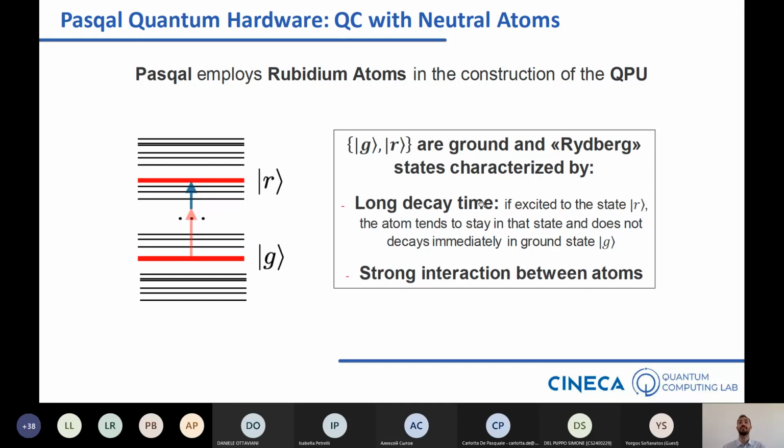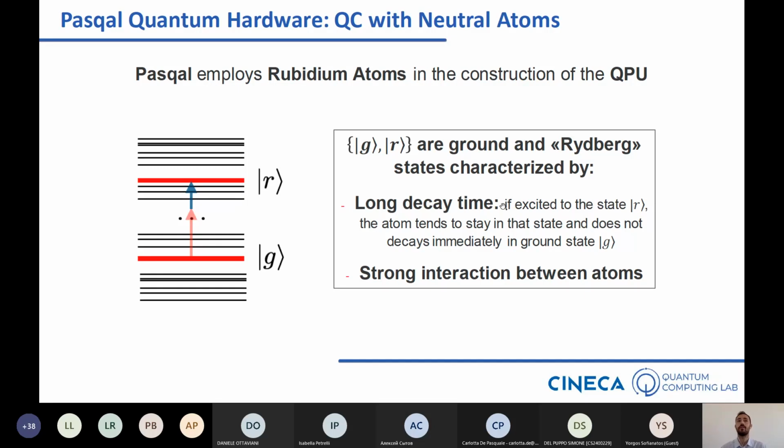Okay, so as I told you, G and R are called, so G is the ground state, R is the Rydberg state. And what are other properties of these two states inside the rubidium atoms? So they have a long decay time.